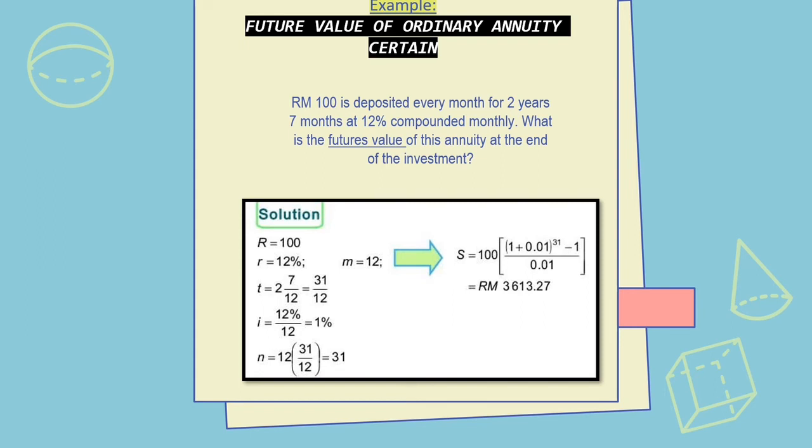It will become S equal to 100 in bracket 1 plus 0.01 to the power of 31, then minus 1, then the whole answer will be divided with 0.01. Then the future value we will get is 3,613 ringgit 27 cents.